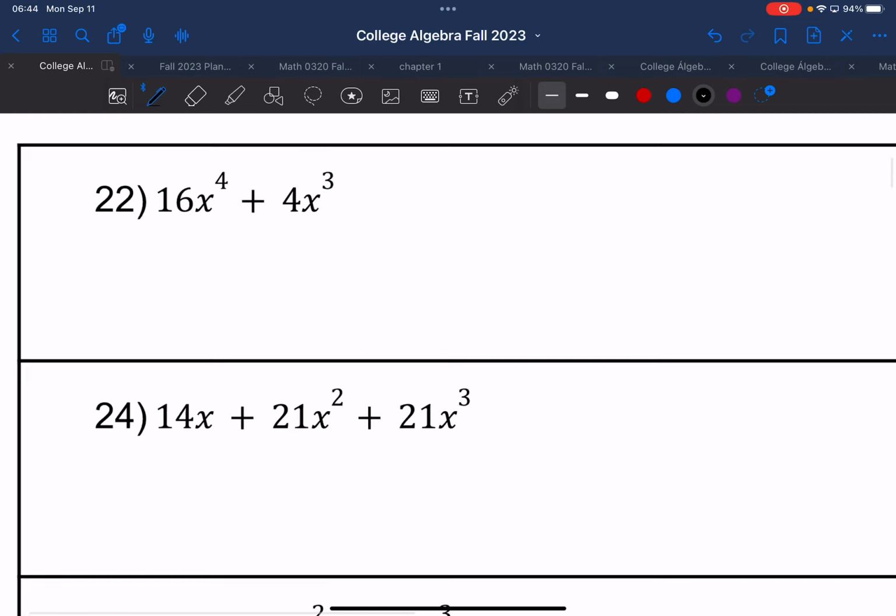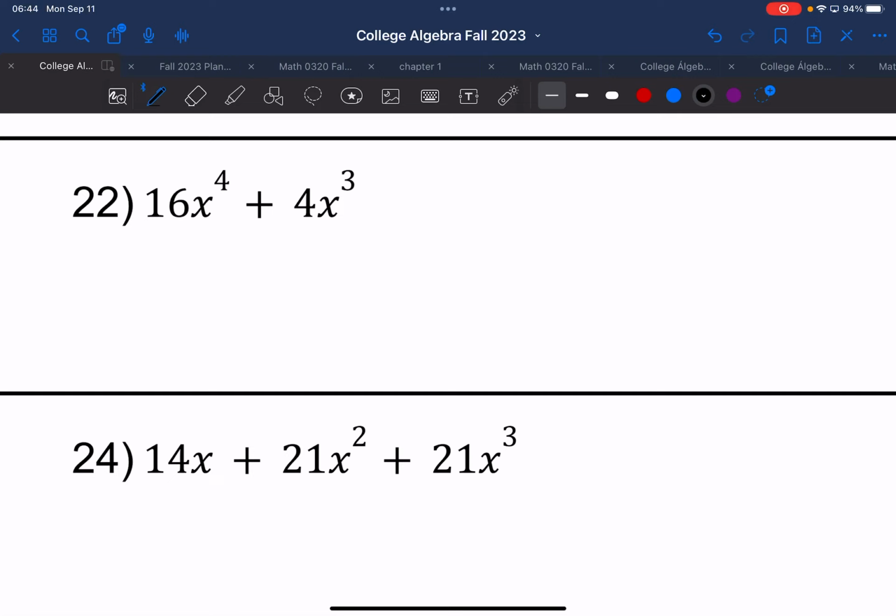When we are looking at these 2 terms, we're first going to find the GCF of just the numbers. First we're finding the GCF of 16 and 4. What's the largest number that can divide into both? 4. So far our GCF is equal to 4. Now we're looking at the variables. We have x to the 4th and x to the 3rd.